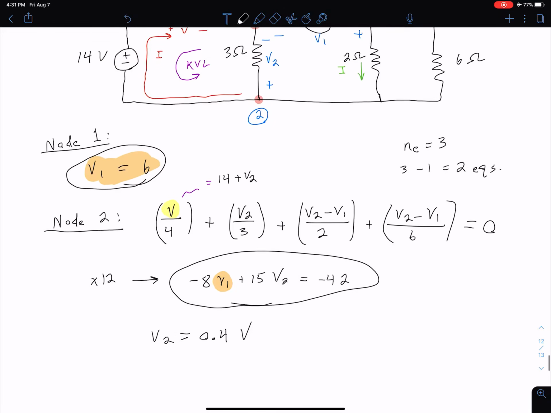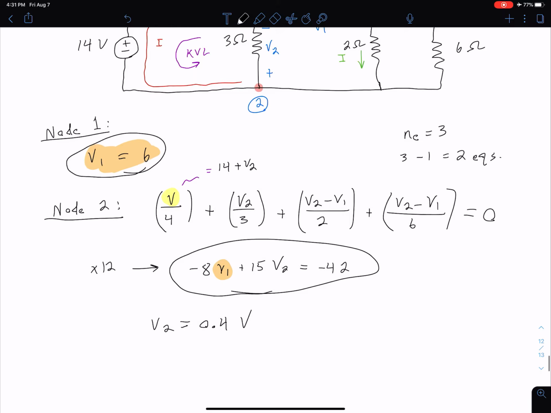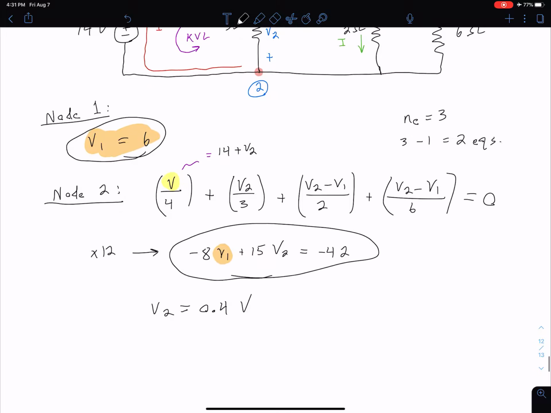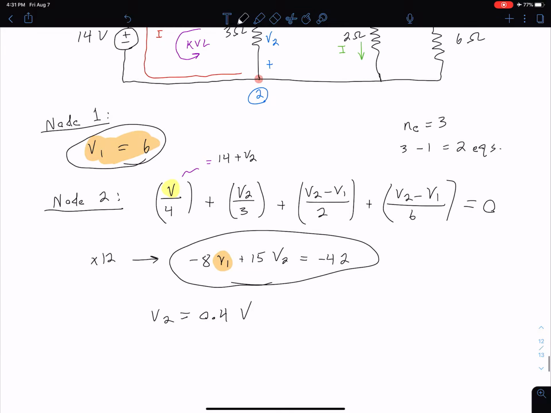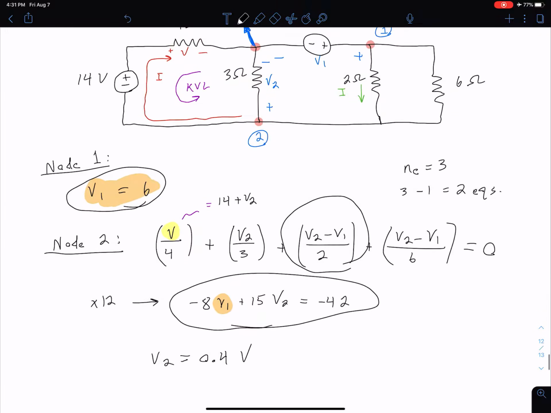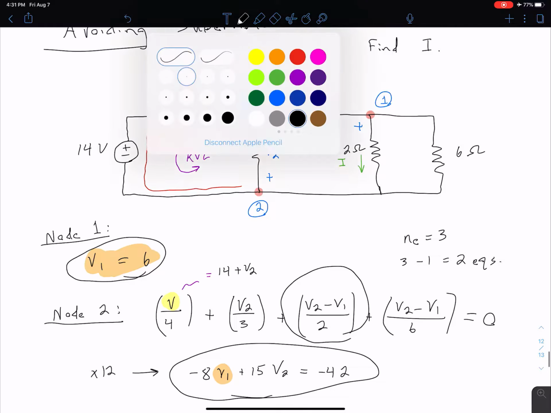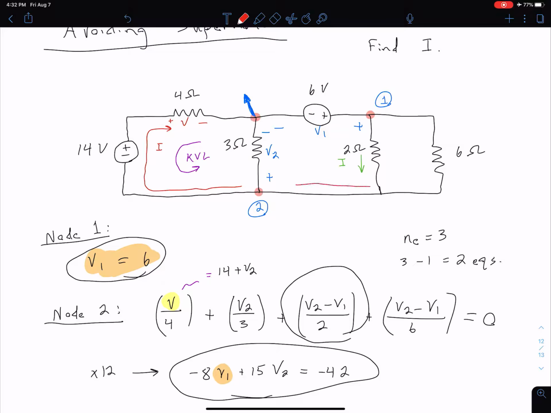But remember, ultimately we want that I. So now we can solve for I. We could look at this expression here, which was equal to negative I, because remember this would have been the current coming out of our node of interest going through here, just like we also had a current going through here and a current going through here.